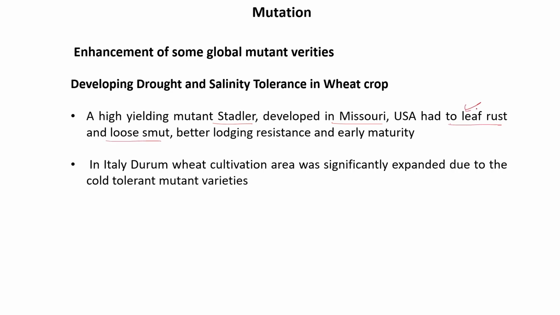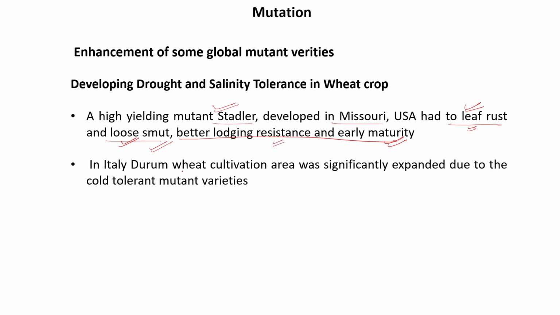These are two very common diseases that occur in wheat. So this mutant Stadler can withstand loose smut and leaf rust because it has better lodging resistance and early maturity of the crop.